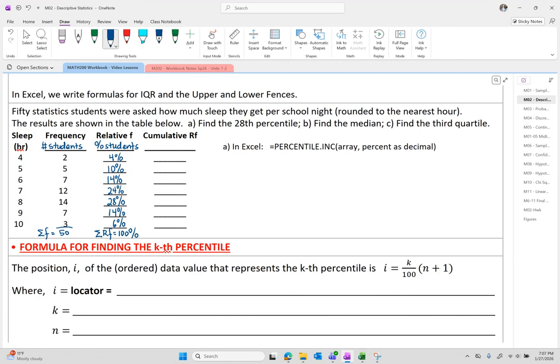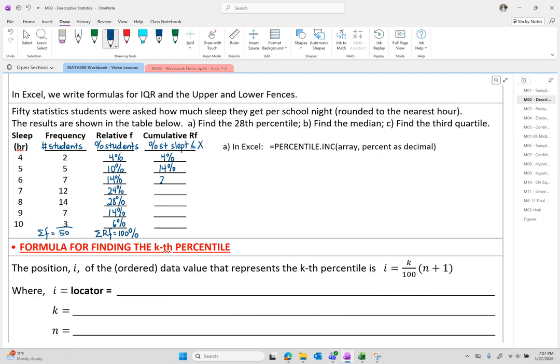I can find the cumulative relative frequency, which is the percent of students who slept less than or equal to that particular value, right? So 4% of students slept less than or equal to 4 hours, because it's only 2 of them. But then 14% of students slept less than or equal to 5 hours, because 10% slept 5 hours and 4% slept 4 hours.